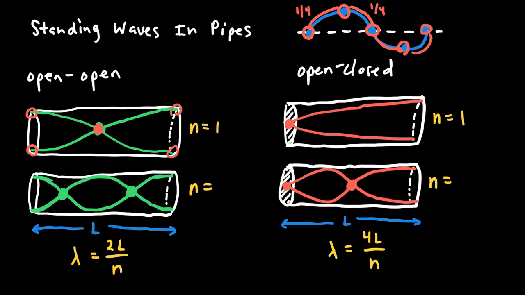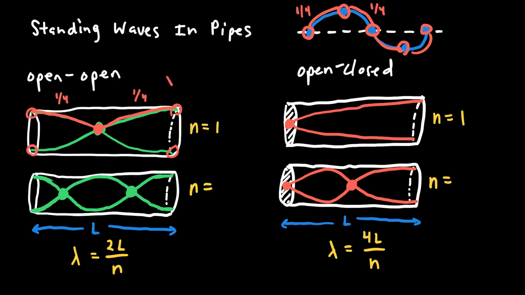Every time something goes from maximum displacement to equilibrium, that's 1/4. And so what I notice for this first top left picture for the open pipe is that it goes all the way from equilibrium to the maximum amplitude, all the way from equilibrium to the maximum amplitude. Each one of those is 1/4 of the overall wavelength.